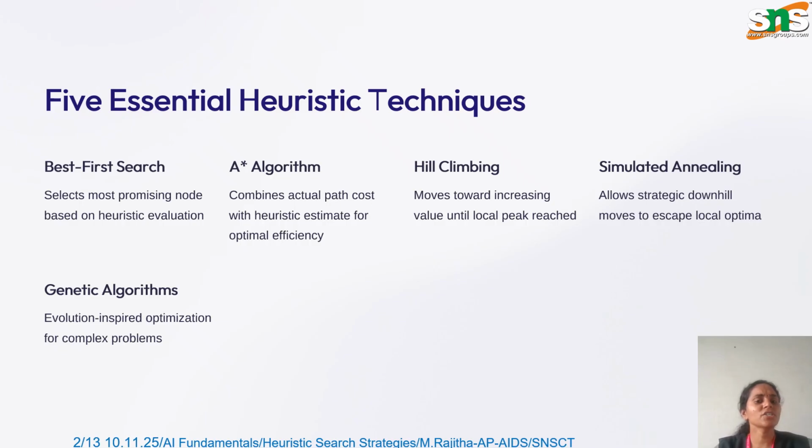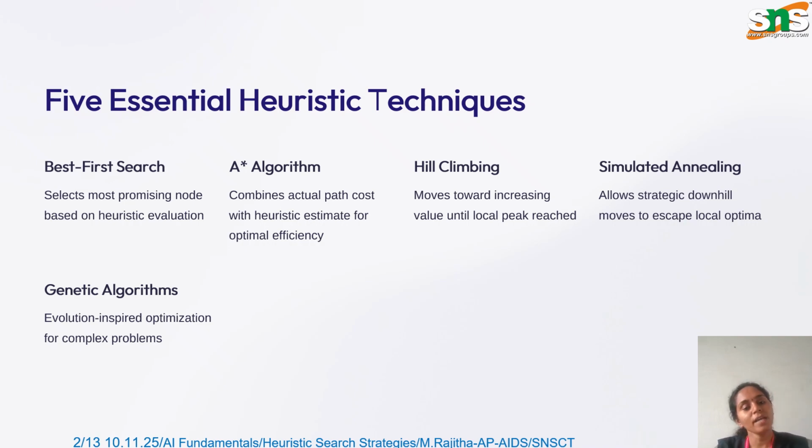So, five essential heuristic techniques. There are five main heuristic strategies used in AI: best first search, A star algorithm, hill climbing, simulated annealing, and genetic algorithm. Best first search picks the path that seems most promising. A star algorithm balances real cost and estimated cost to find the best route.